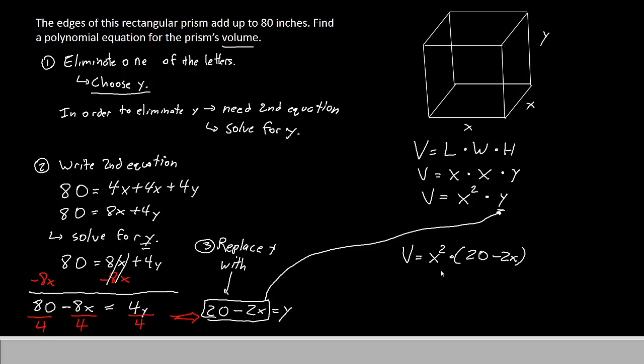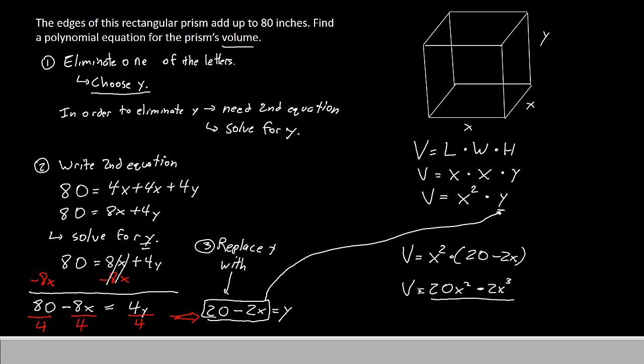If we want to simplify this, all we have to do is multiply the x squared times this binomial. So the volume is equal to x squared times 20, which is 20x squared, and x squared times negative 2x, which is negative 2x to the third power.